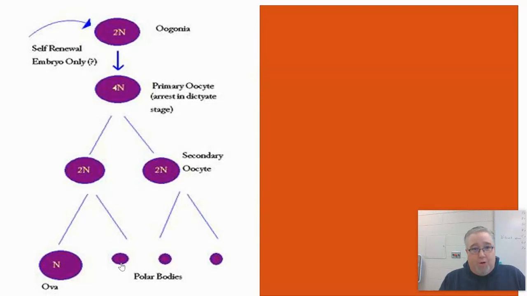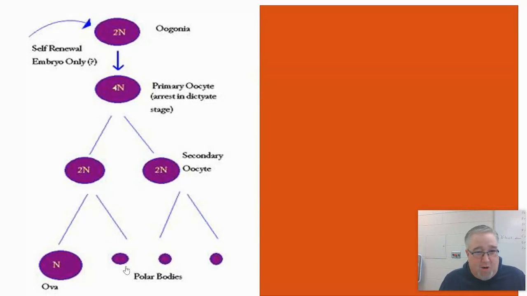Females are all about quality. They want to produce a quality egg, even if it means the expense of another cell. This polar body will never be fertilized by a sperm cell. In fact, it's just kind of like cellular garbage.